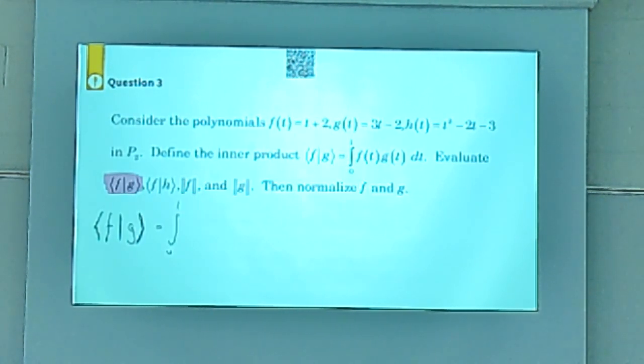Integral from 0 to 1, t plus 2 times 3t minus 2 dt. Integral from 0 to 1, 3t squared plus 4t minus 4.